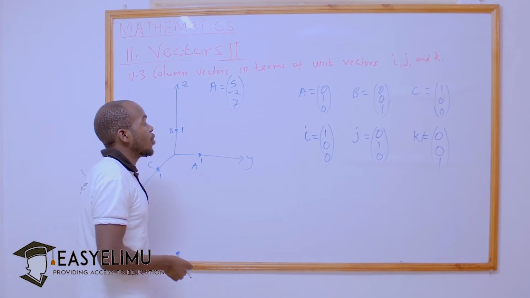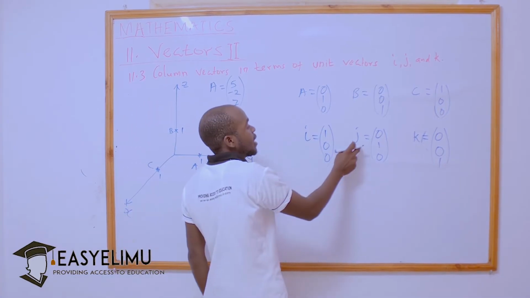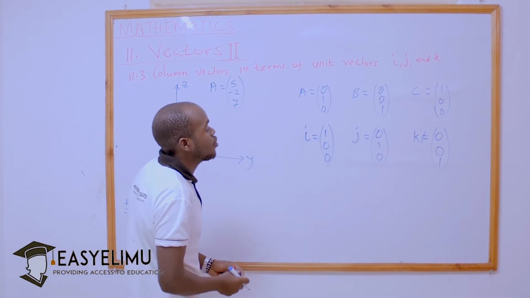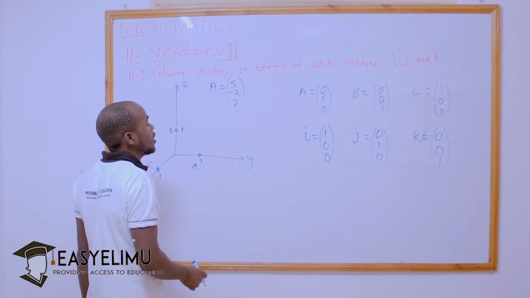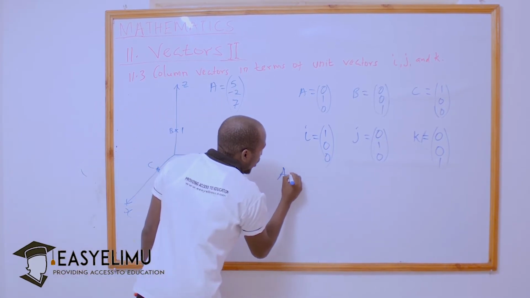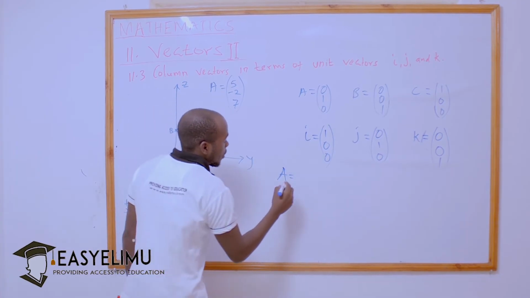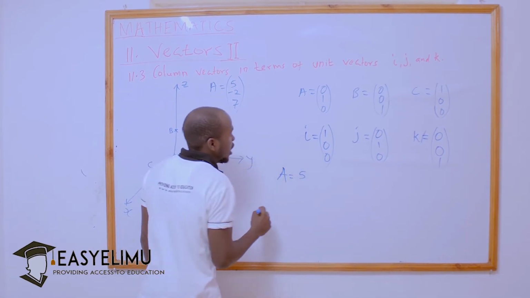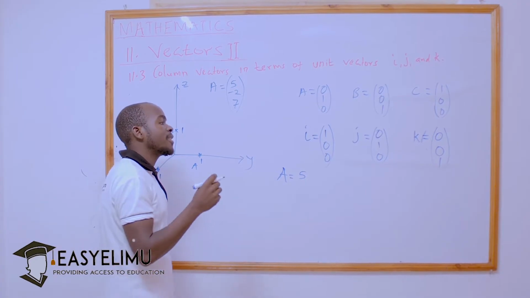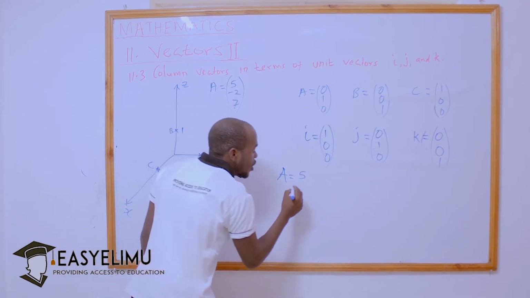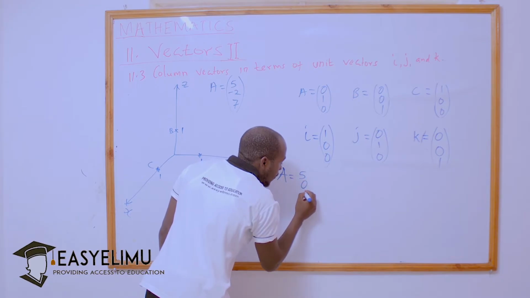If we need to represent it in that direction, then A will be equal to 5 in the x direction. If it is in x direction alone, on the x-axis we shall have 5, 0, 0.